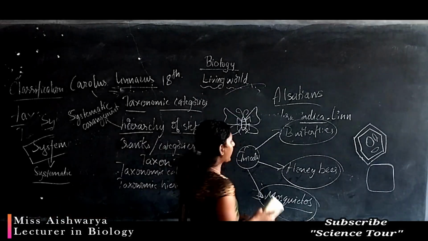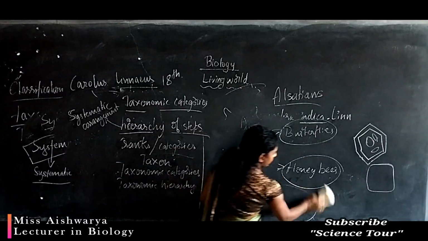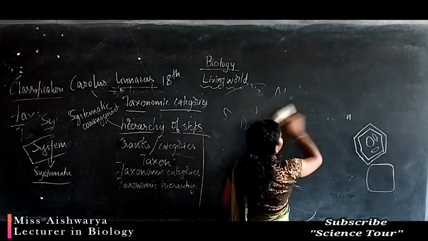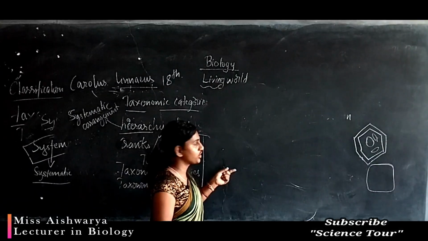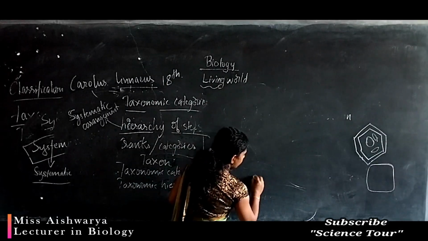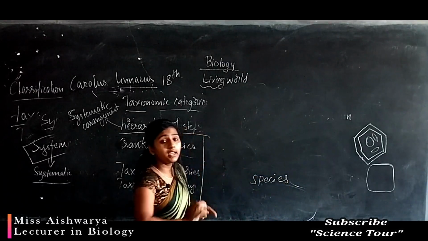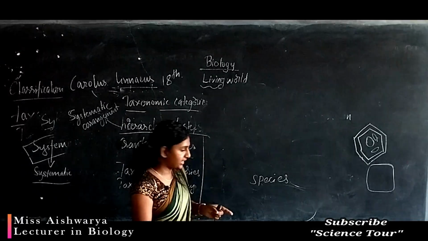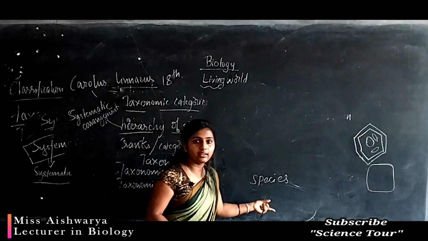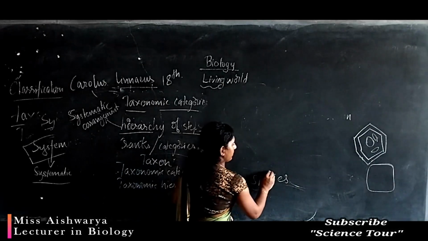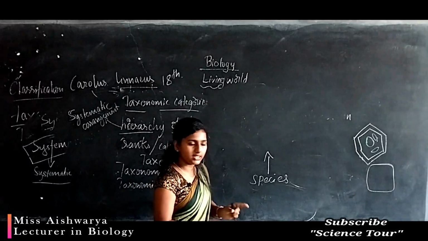So the important categories for the classification purpose, the first one is species. All the similar character containing group of organisms will come under species. Closely related characters, here all the organisms have a very close relation.